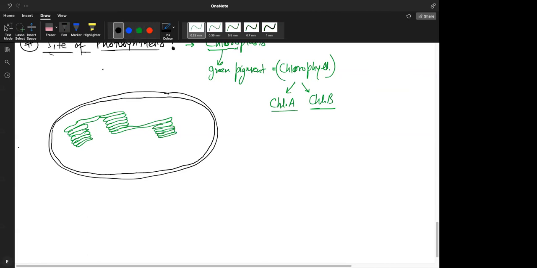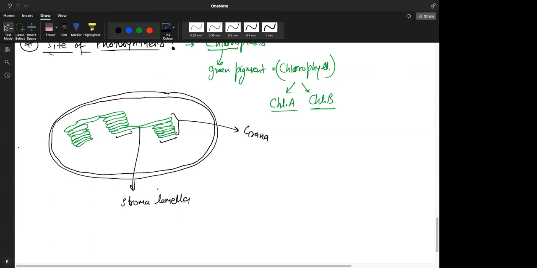If you see here, this one bunch is called a grana. And this thing which connects two grana together is called stroma lamella.